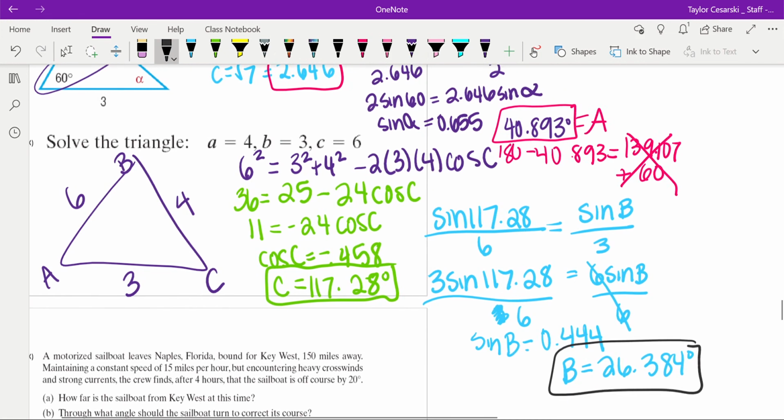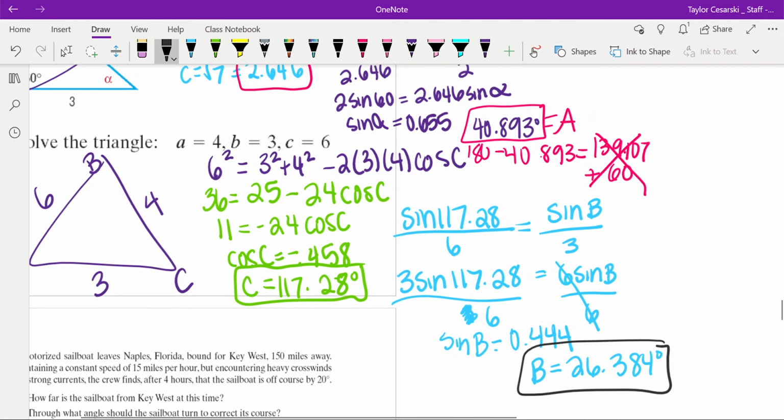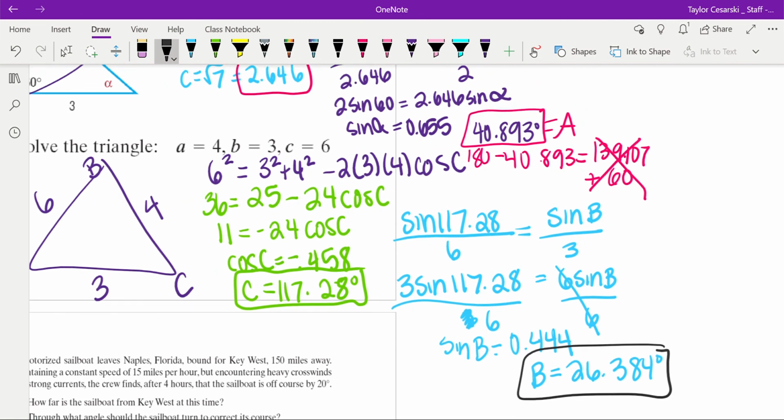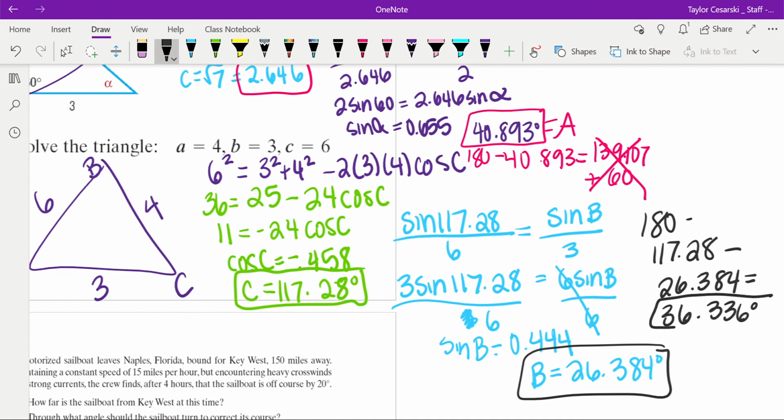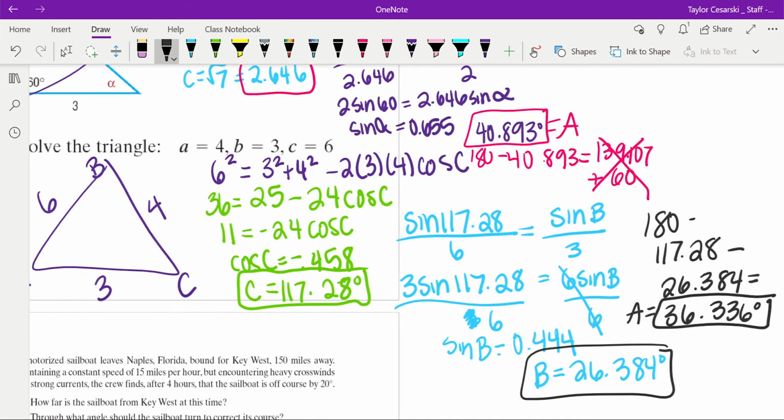So lastly, I just have to find angle A. Okay, so 180 minus 117.28 minus 26.384 gives me 36.336 degrees, and that is angle A. And again, you notice that they go in order.